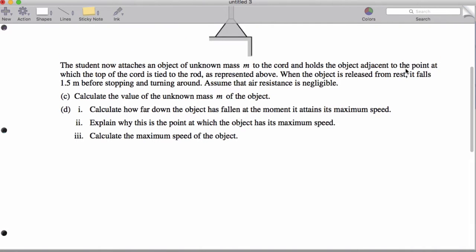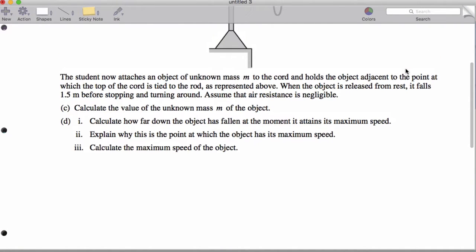Okay. Now for part C, we want to get the mass of the object, and this is where we need to be really careful. So we know that here mgy max, I'm just going to say the height that it falls, so we have all this gravitational energy converted into spring energy when we reach that maximum displacement. We have our k equal to 23 from before. Our mass, we're told, is unknown.